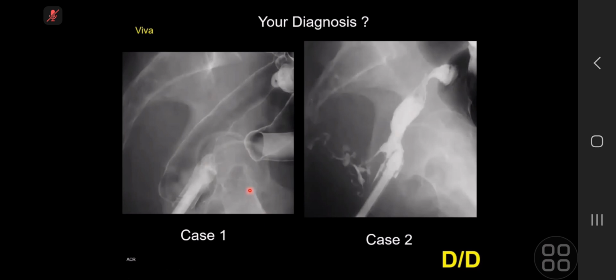There is a kind of featureless appearance of the rectum, that's what I can see. I cannot see any polyp or any mass or any constriction on this single spot image. That's what I can describe.